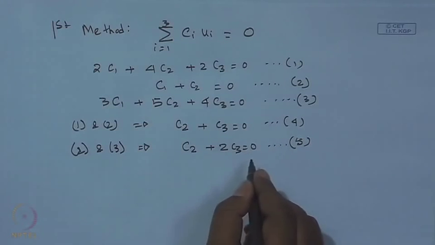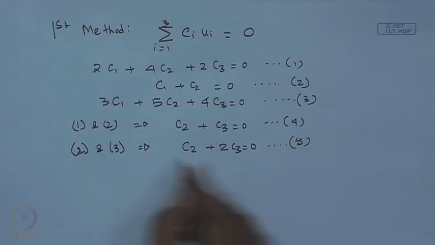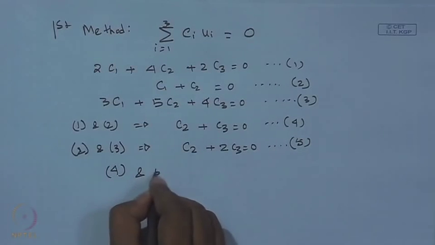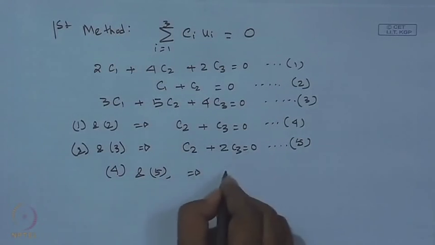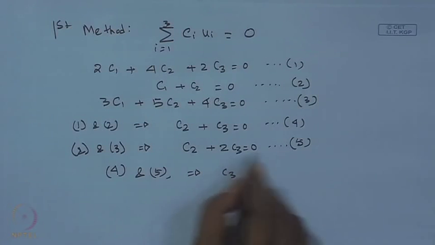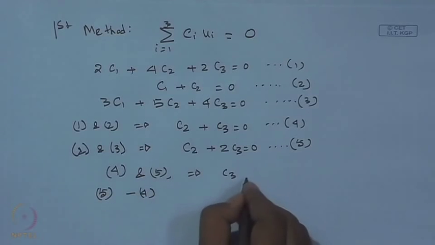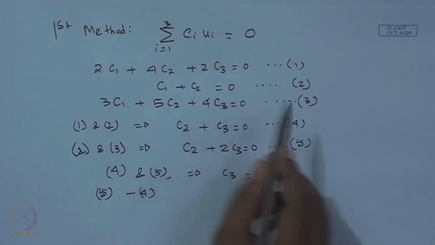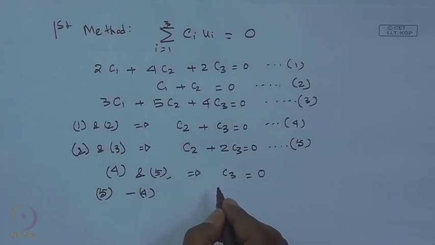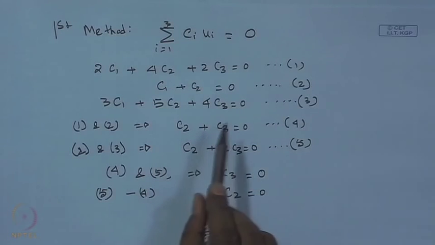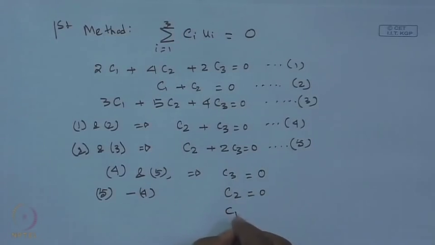So, if you now combine these two equations to solve for these two unknowns, from 4 and 5, we just subtract 4 from 5, and we get C3 equal to 0. If C3 equal to 0, then from equation number 4, C2 will be equal to 0. If C2 equal to 0, then from equation number 2, C1 will be equal to 0.